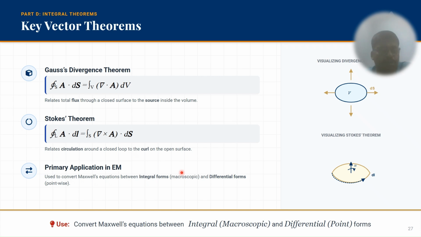Some of the important theorems related to vector calculus are Gauss's divergence theorem, which states that the surface integral through any closed surface is equal to the volume integral of that vector over the volume enclosed by that surface. A closed surface basically defines a volume, therefore the surface integral is equivalent to the volume integral. That is the Gauss divergence theorem. Another is Stokes' theorem: the line integral over any closed line is equivalent to the surface integral.